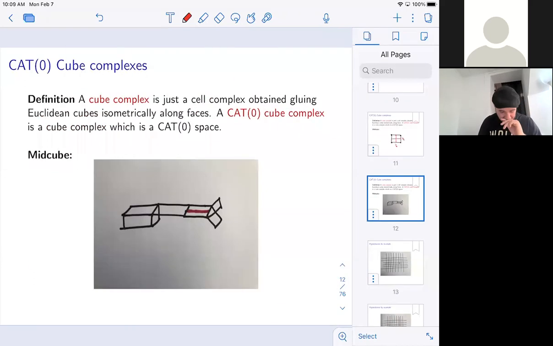Here is a picture of a CAT(0) cube complex, and here is a mid cube. A hyperplane is what you get by starting from a mid cube and then extending it. Whenever your mid cube touches an adjacent mid cube, you take the union of that and you keep iterating.